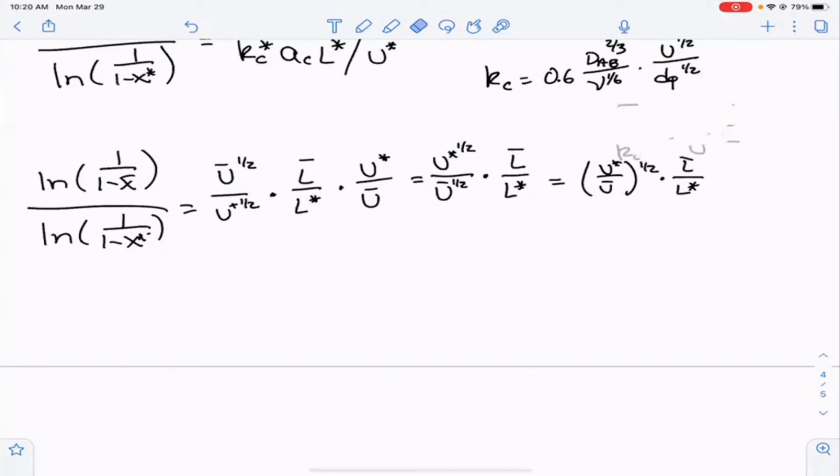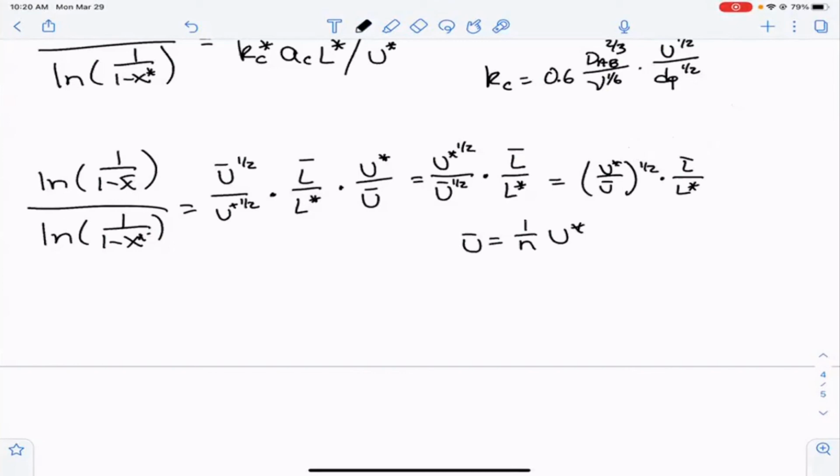If we wanted to split this up into a certain number of tubes, these are related by the number of tubes. So for example, U bar is 1 over N times U star. We're breaking it up into N stages.